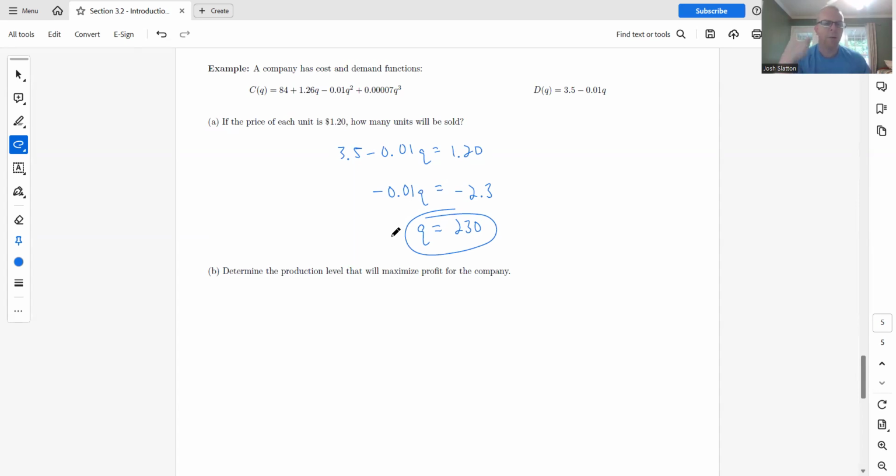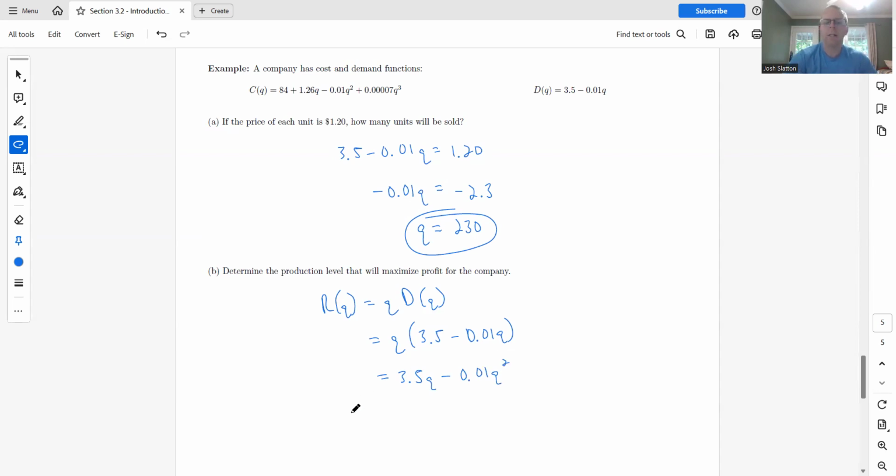that will maximize profit. So we need to find our revenue function, and revenue is just going to be Q times the demand function. So Q times 3.5 minus 0.01 Q. So 3.5 Q minus 0.01 Q squared.